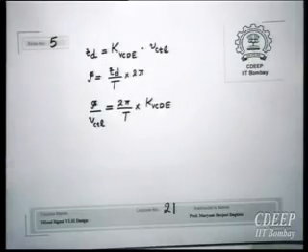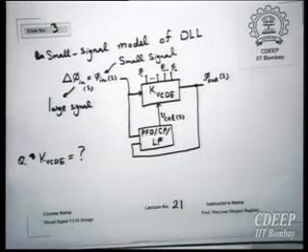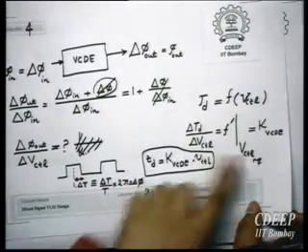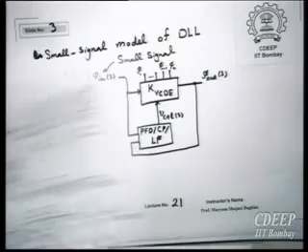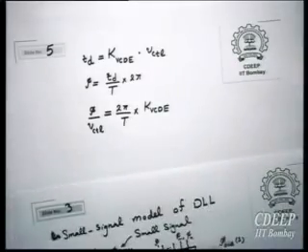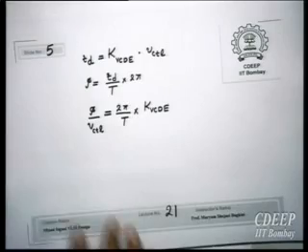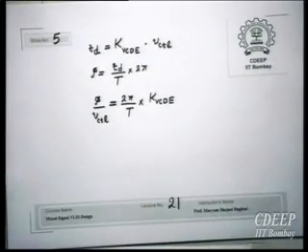In this small signal model, K_VCDE is this value. We need to understand how it comes, and this will be the relation between the output phase and the input control voltage. You can derive it; I don't derive it.